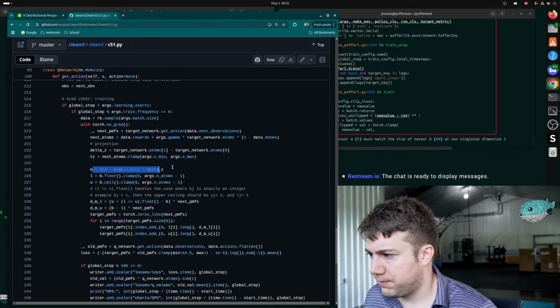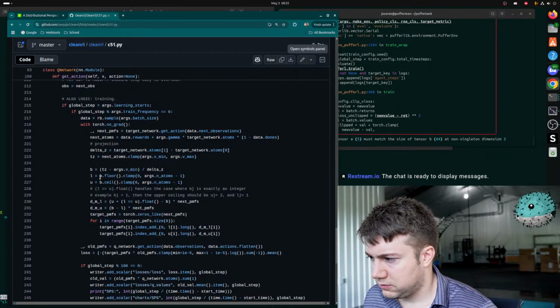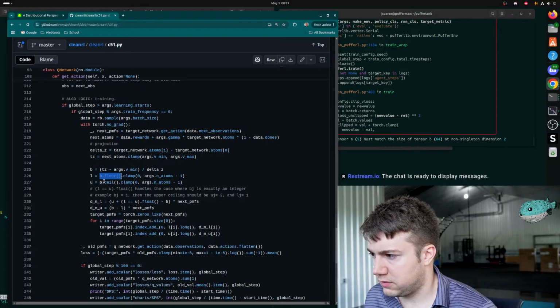This is a norm. And then you clamp this. You're getting two integers out of this. The floor and the ceiling. Like previous bucket, next bucket, something like that.